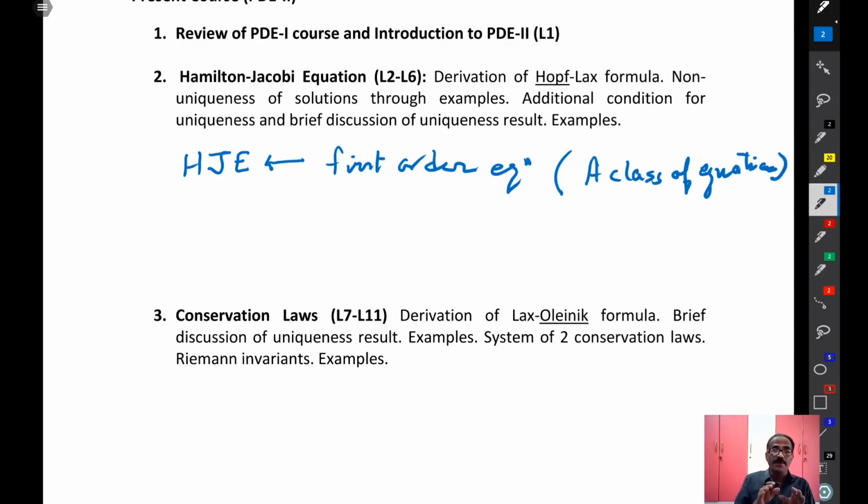We are not going to do Hamilton-Jacobi equations in full generality. More generally, there are other generalizations like the Hamilton-Jacobi-Bellman equation and the Hamilton-Jacobi-Isaacs equation. We will not be discussing those. The Hamilton-Jacobi equation is more of a classical equation coming from calculus of variations.